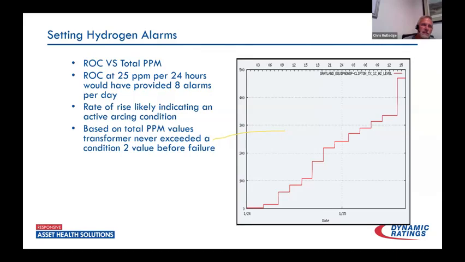That's because with that kind of change, we understand that we most likely have an active arcing type event occurring, but also that it is progressively growing worse. It is continuing, so it's not a one off.